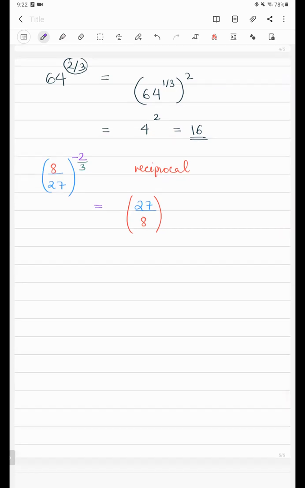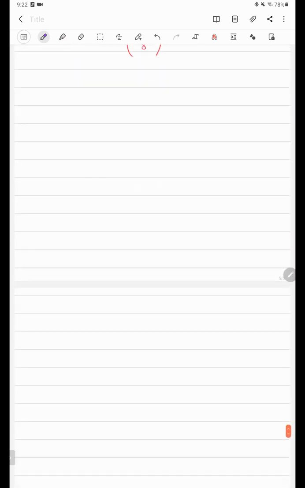No. Okay, just a second. Take a look at this. If I have a to the power m, or if I have a to the power minus m, and I want to get rid of the minus sign, then it will become 1 by a to the power m, right? Not 1 by a to the power 1 by m.